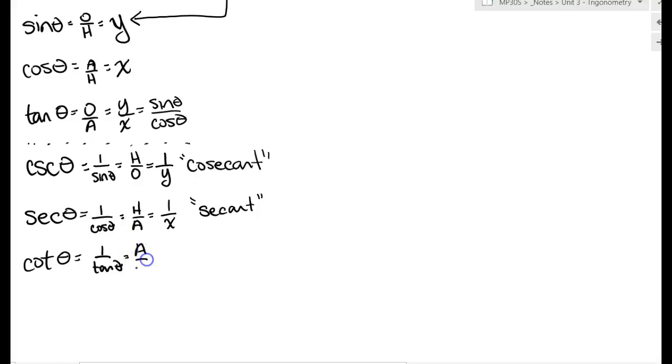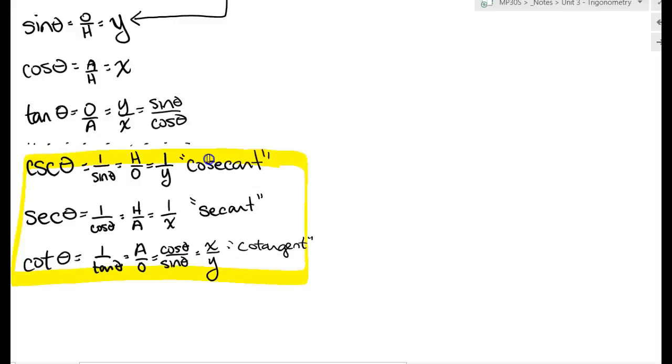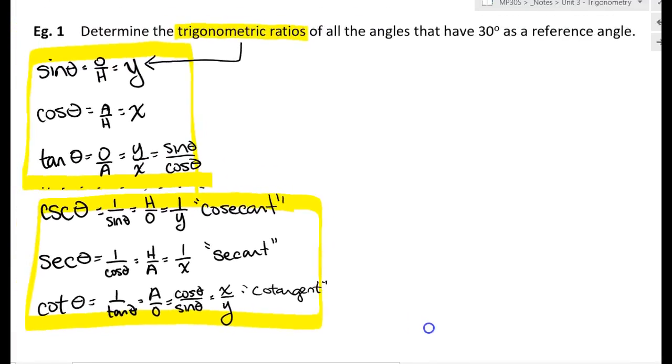So it's adjacent over opposite, or cosine over sine, or x over y, whichever way you want to think about it. So we've got 3 new trig ratios in addition to our 3 original ones from last year, which we've defined a little bit differently here.